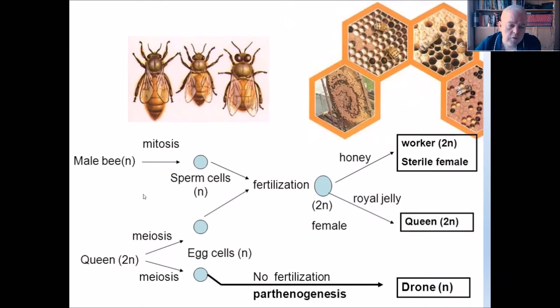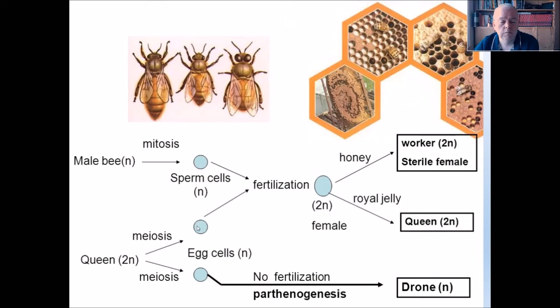If we move further back up here, that drone bee can still produce its own sex cells, its own sperm cells. It can't be via meiosis because it's only haploid to begin with, so it has to produce the sex cells through mitosis, so they're all clones. That sperm cell that's produced can be used in fertilization to fertilize some of the egg cells that were produced by the queen.